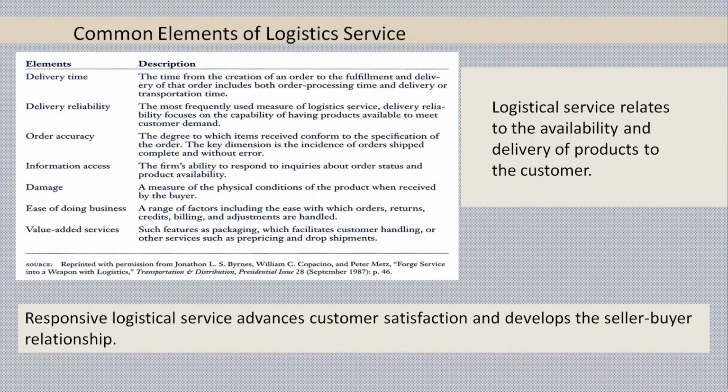Some of the elements which we were talking about just now are that we need to crunch the time and we need to reduce the unit cost, etc. So, in this particular slide, we are showing the common elements of the logistics service. In responsive logistics service, which advances customer satisfaction and improves the seller-buyer relationship, we will see focus on these activities as well as targets of improvement.